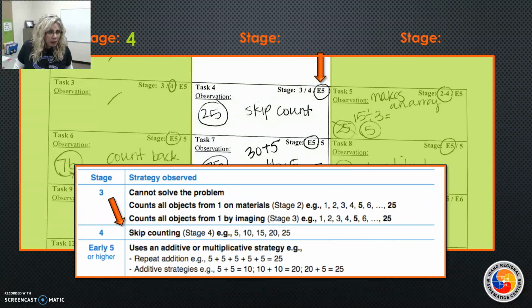So if we look at the stage or early 5 description, I'm wondering if the teacher mixed up the repeated addition and wrote skip counting. So I'm not quite sure what this student did, but because skip counting is written down, 5, 10, 15, 20, then this should have been scored as stage 4.